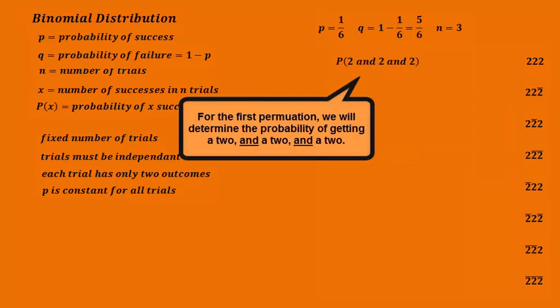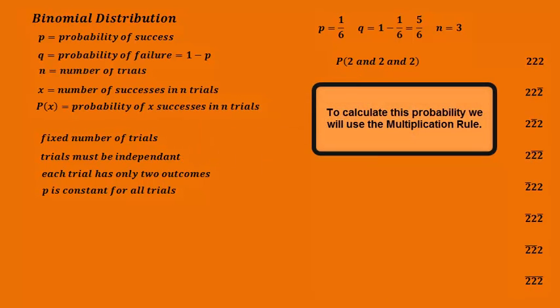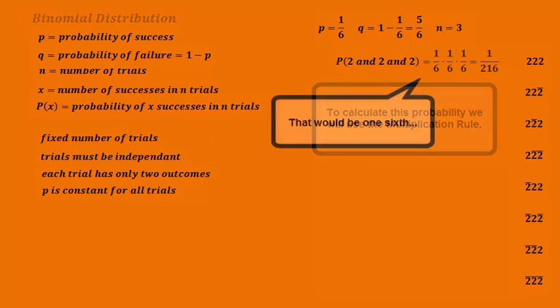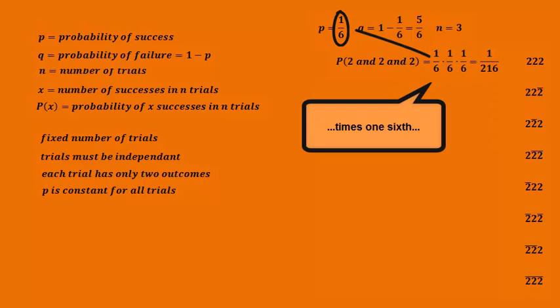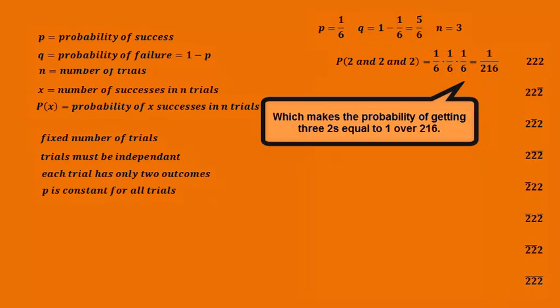For the first permutation, we will determine the probability of getting a 2 and a 2 and a 2. To calculate this probability, we use the multiplication rule. That would be 1/6 times 1/6 times 1/6, which makes the probability of getting 3 2s equal to 1/216.